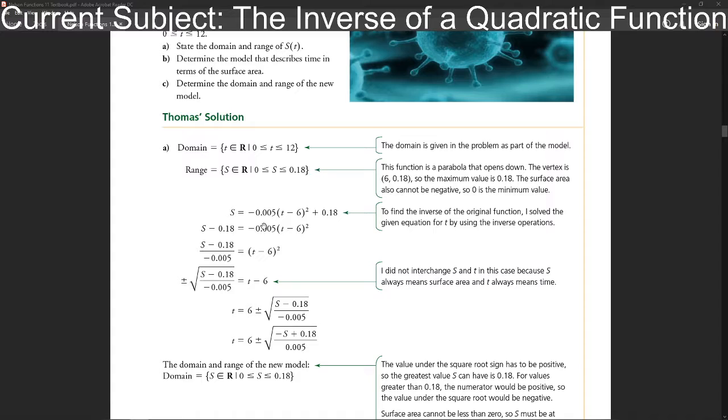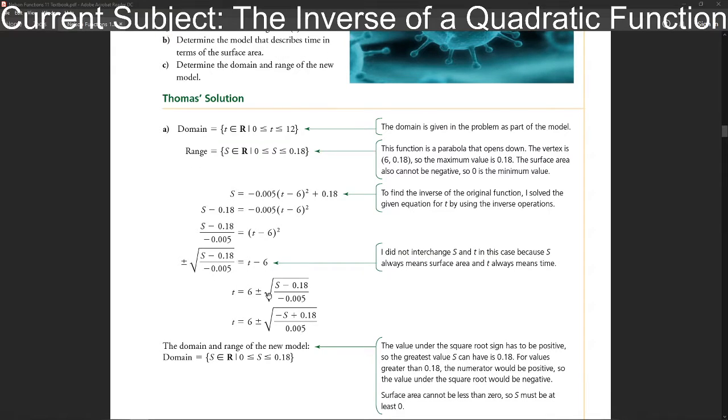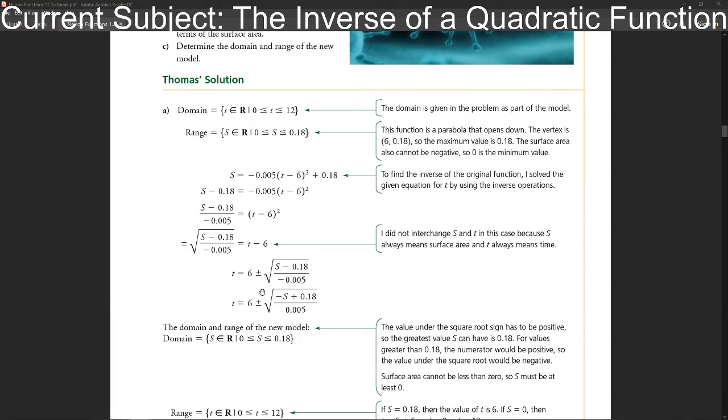This guy is solving for the other side first, and then he's probably going to swap the variables. So he's moving the 18, and he's probably going to divide, square root, subtract, yep, solve for t.